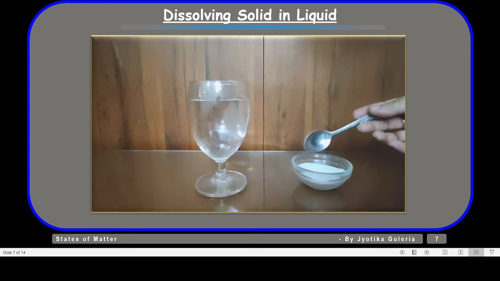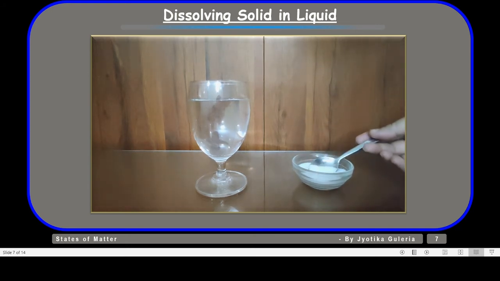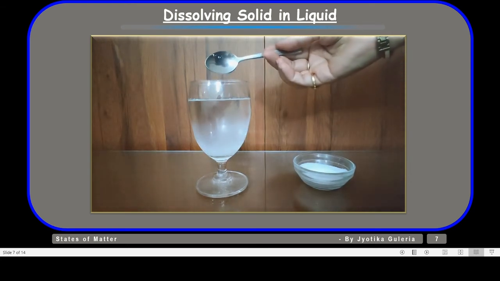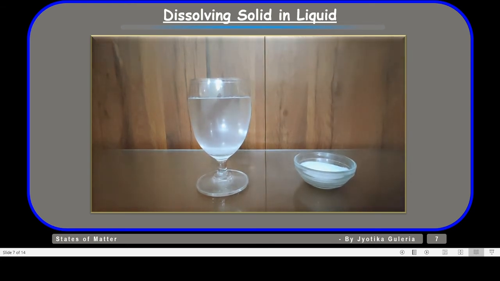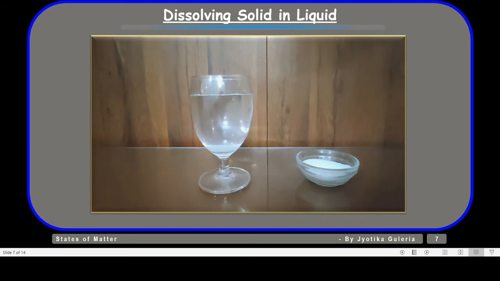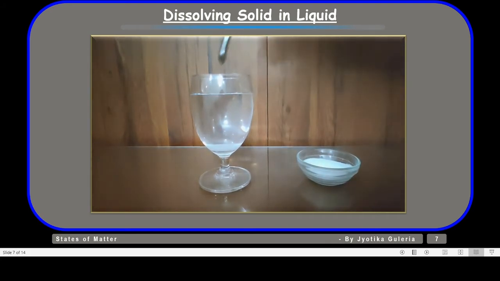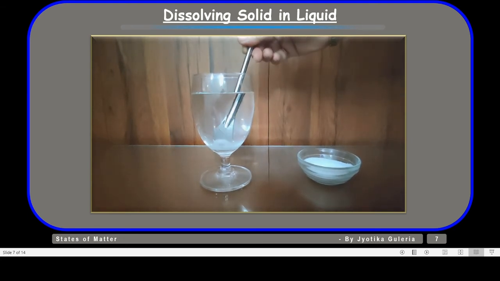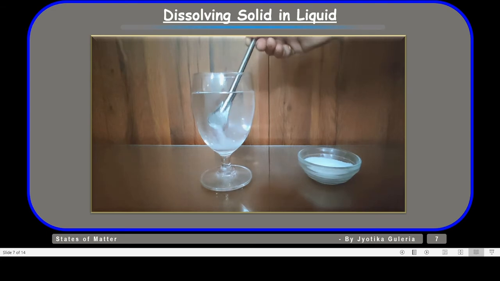Now we'll add some amount of salt in the water, or we can say we will add some amount of solute in the solvent. As you can see, the particles of solute have settled down at the bottom of the glass. Now we'll use this stirrer to stir the particles of solute settled at the bottom.